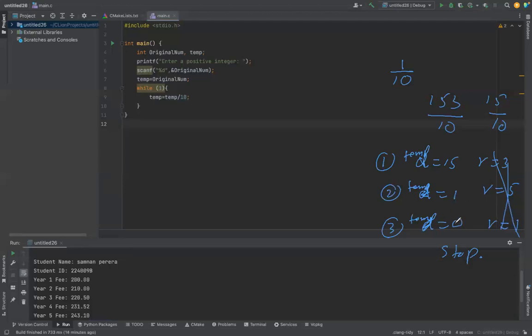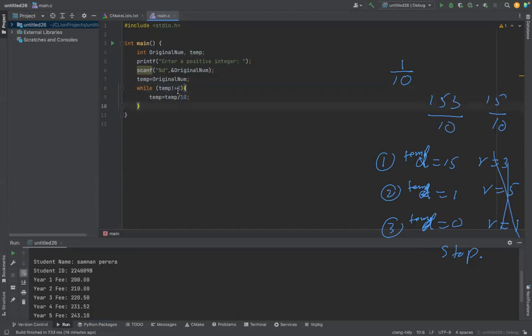Once temp is 0, we have to stop. There is no point in iterating again and again. So what we can do is put the condition while temp not equal 0. When it is equal to 0, we have to stop. The condition is temp not equal 0.